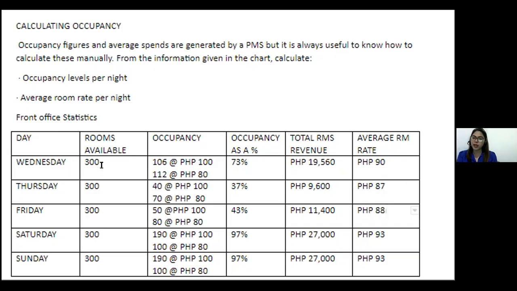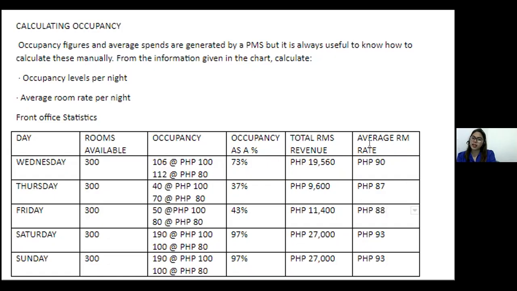To get the average, the sum of these occupied rooms for Wednesday is divided by the rooms available. So 218 divided by 300 gives you 72.66. We round it off to get the whole number, so that's why it is 73%.